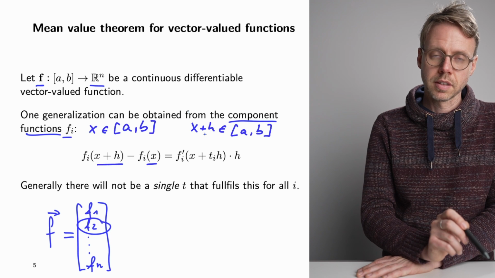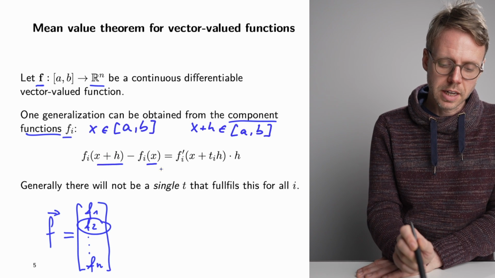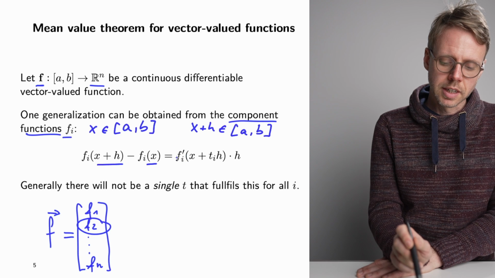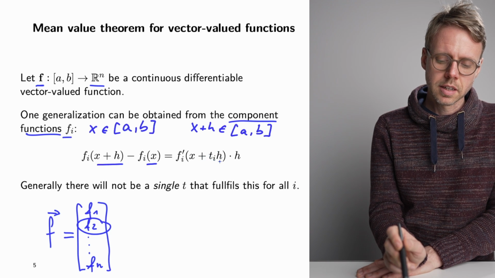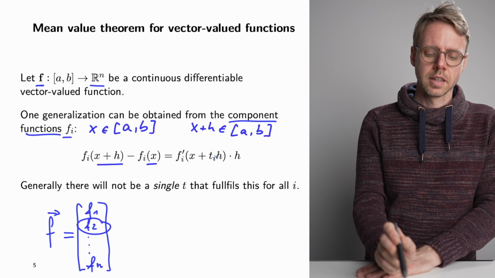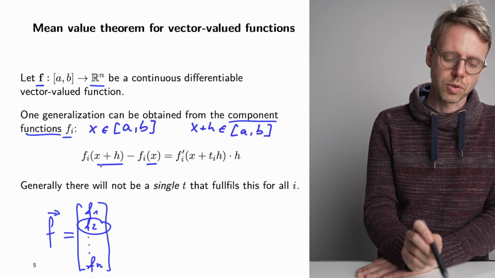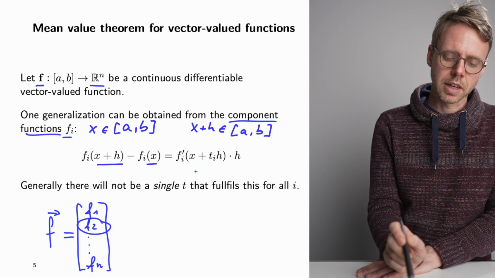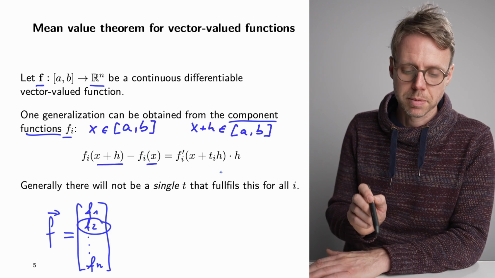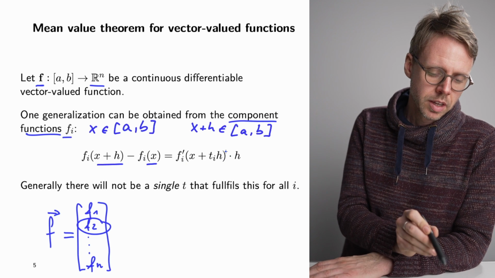Well, that's h. So divided by h equals the derivative of fi at x plus some point ti times this difference. Of course, instead of dividing by h on the left side, we can also take the right side and multiply by h.